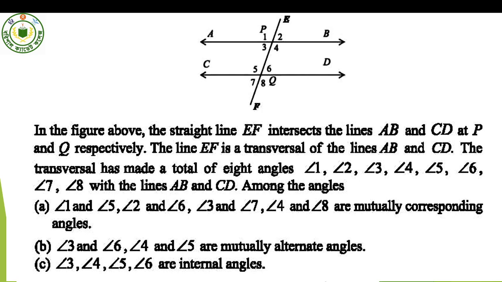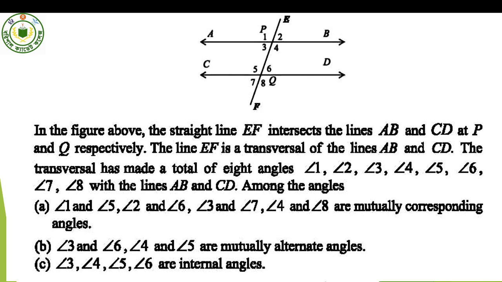So it made a total of 8 angles, 1 to 8, with the lines AB and CD. Among the angles, 1 and 5 are mutually corresponding angles. Mutually corresponding angles are in a pair of parallel straight lines.